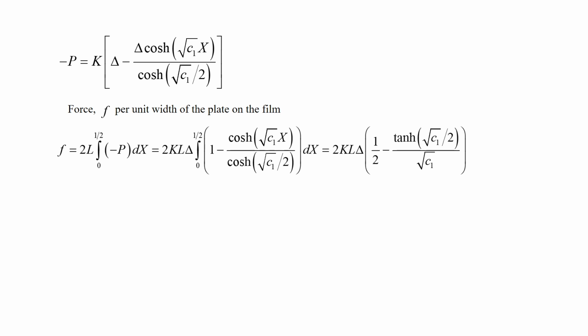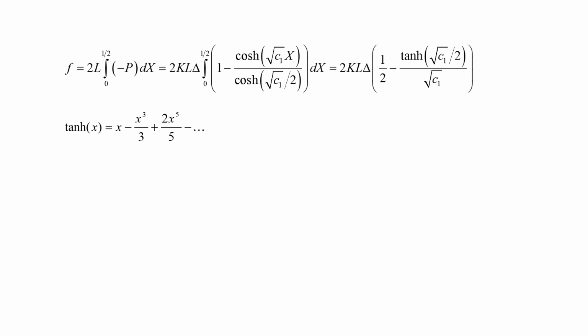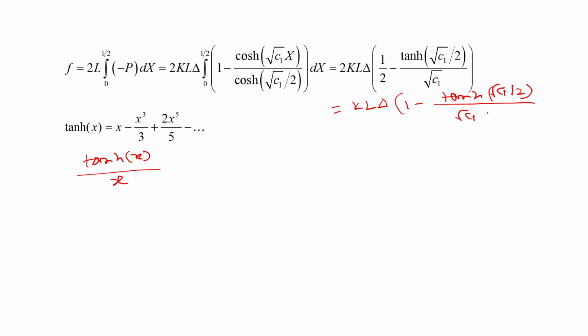We can write the tan hyperbolic function as a series expansion: x minus x cube by 3 plus 2 x to the power 5 by 5. Therefore, tan hyperbolic of x divided by x is the quantity I have written in the previous slide. So, this is equal to KLW into 1 minus tan hyperbolic square root of C1 by 2 by square root of C1 by 2. Here I will write square root of C1 by 2 as x in essence.